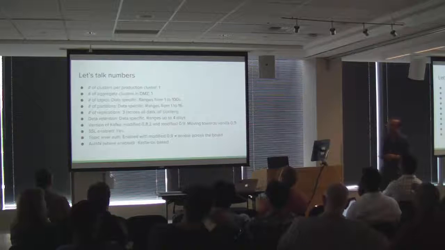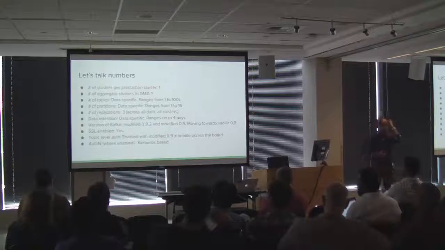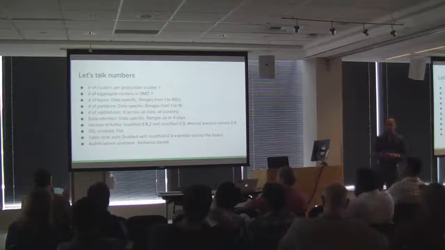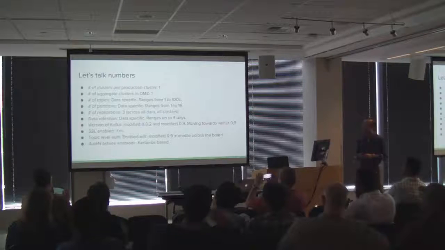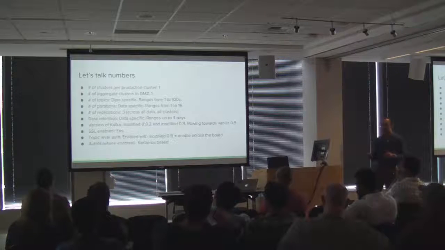Okay, so digging into some of the details. Number of Kafka clusters per production cluster, we try to stick to 1. Number of aggregate clusters in DMZ, 1. Number of topics that flow is specific to the data. For some scenarios, we have a single topic, and that's good enough.